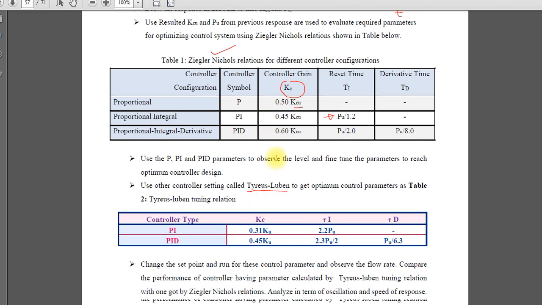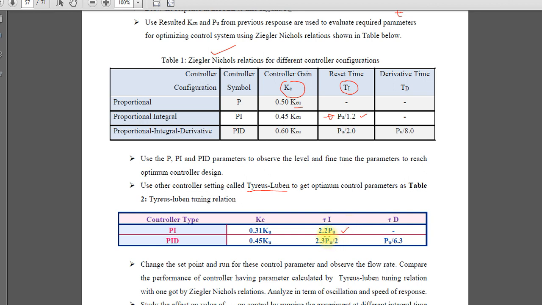One observation I want you to make right now, especially with the value of reset time tau I. This is integral time. For example, for PI, the Ziegler method says it will be Pu divided by 1.2, and the TL method says this will be 2.2 times Pu.